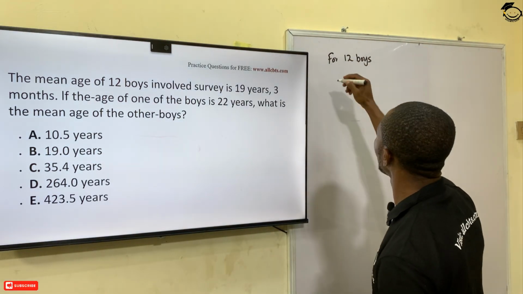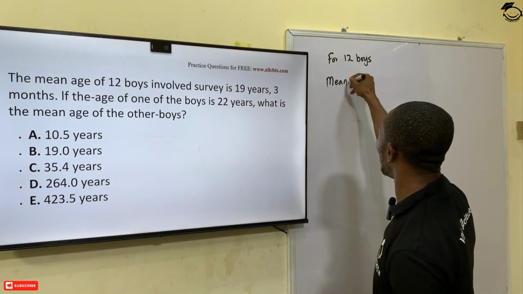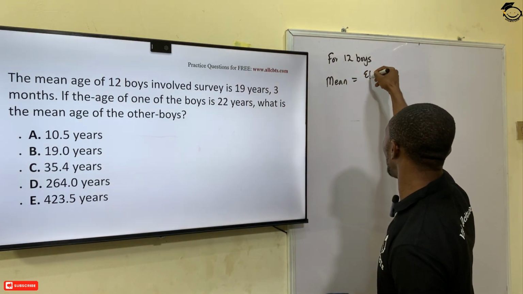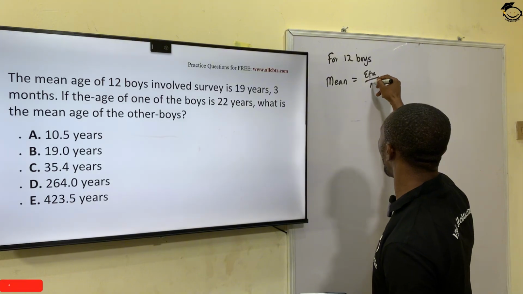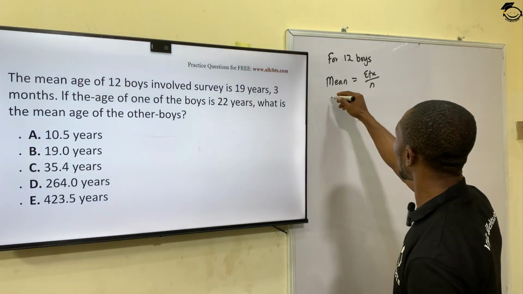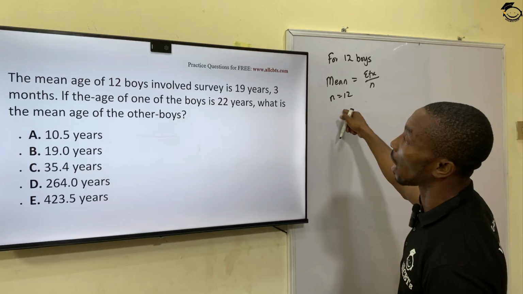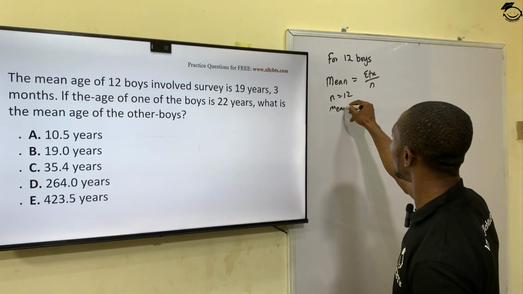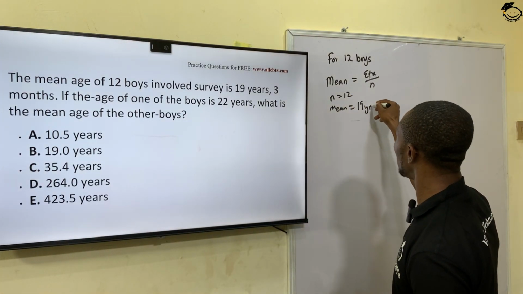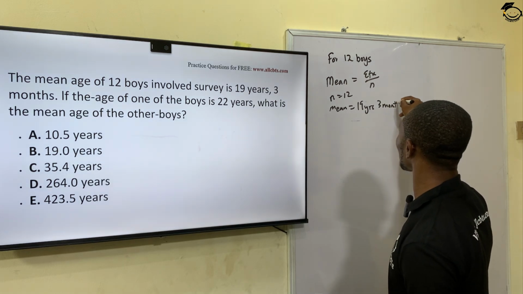Remember, our mean formula is mean equals Σx over N. In this case, our N equals 12. Our mean, we are told, is 19 years, 3 months.